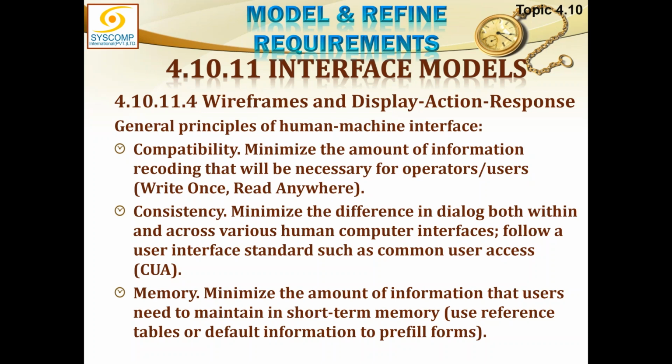Follow a user interface standard such as Common User Access (CUA). Memory: minimize the amount of information that users need to maintain in short-term memory. Use reference tables or default information to pre-fill forms. So the user may not have to fill in every data by himself. So the computer program should remember.